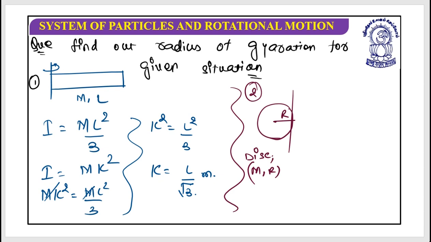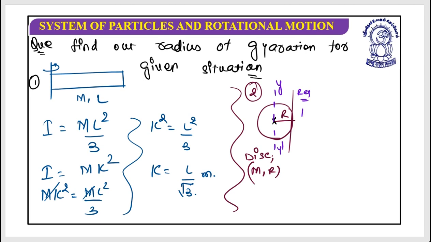So first what I need to do is find the moment of inertia of this disk. As I can observe, let's say this is the ZZ axis, then this will be the Y axis. Yes, this is the YY dash, and the required moment of inertia is parallel to this YY dash.